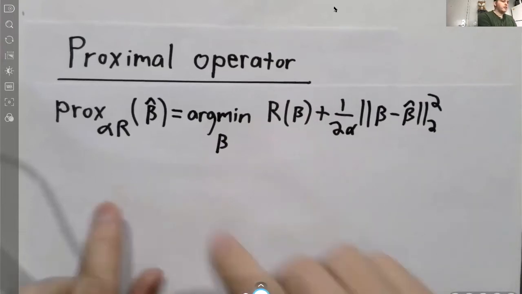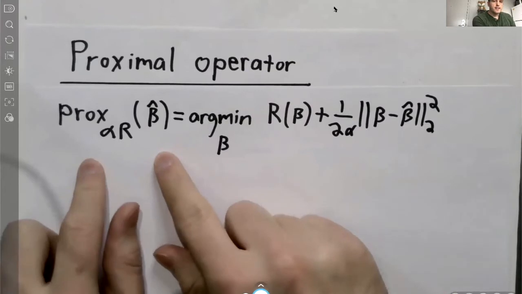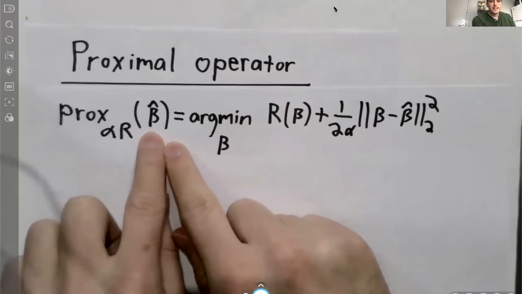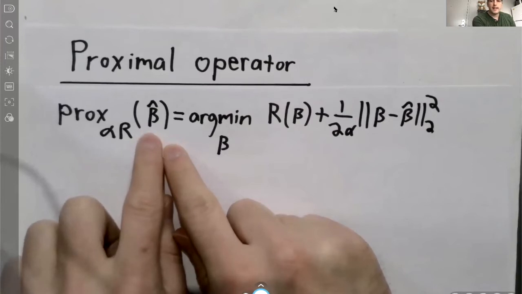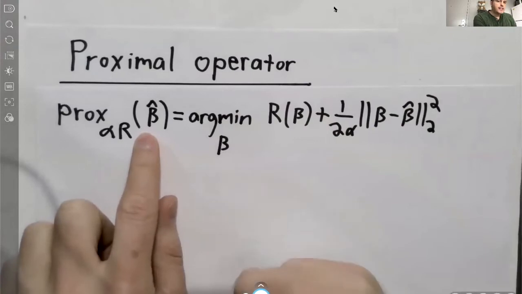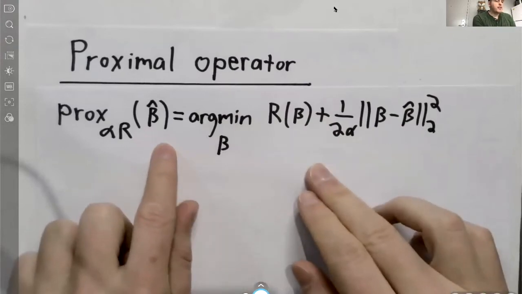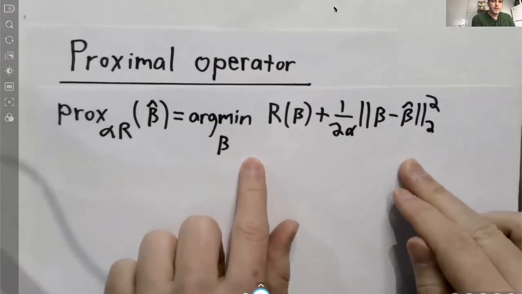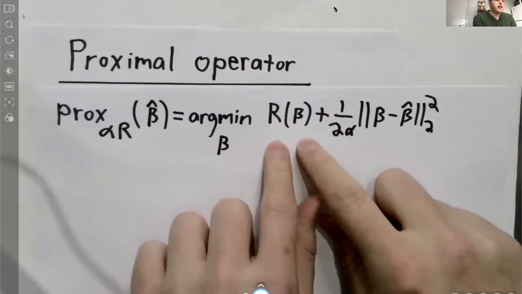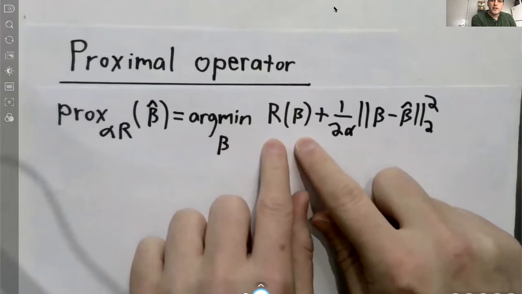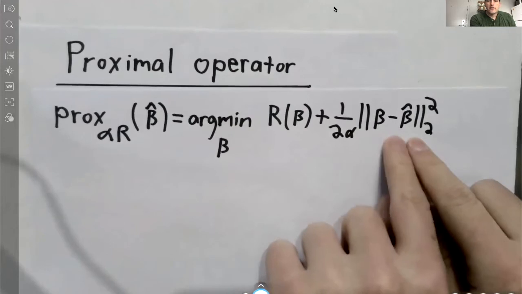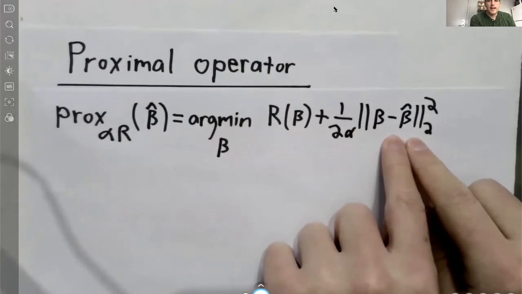What the proximal operator does for us is it takes a vector beta hat as input. This vector beta hat could be any vector in the input space. And the proximal operator solves this little mini optimization problem here. What's happening is we are trying to reduce the value of R, but we're penalized for moving too far away from the input vector beta hat.